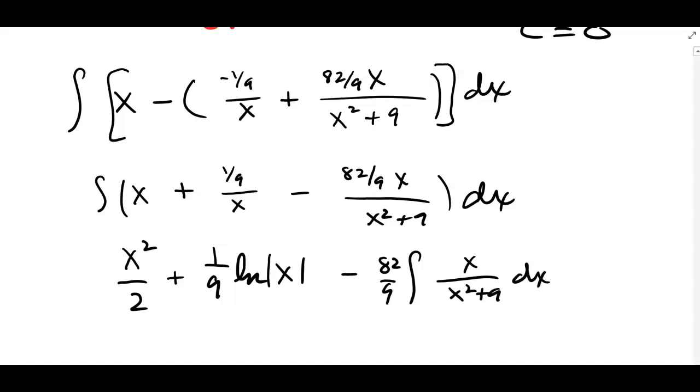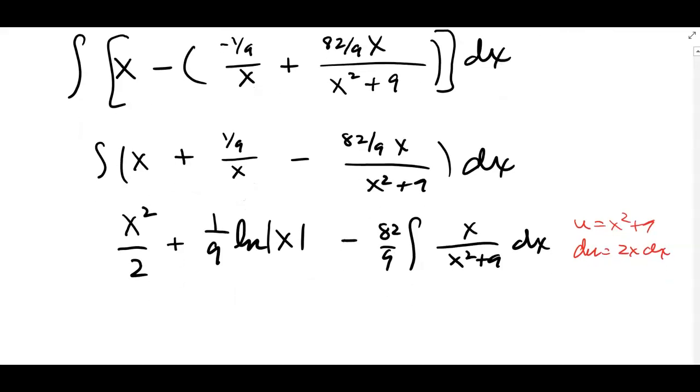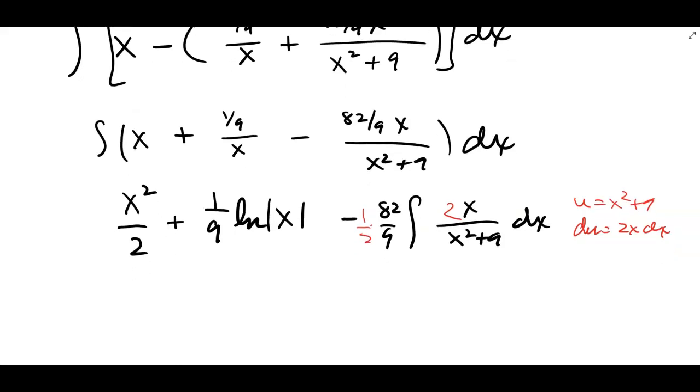So a quick little u-sub: let u equal x squared plus 9, du equals 2x dx, which means I need a 2, and I need to multiply that by half. And then that would end up giving me the integral of 1 over u. Yep, so we just have another ln here.